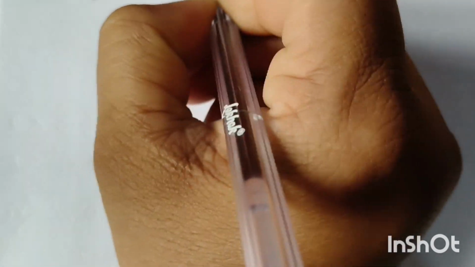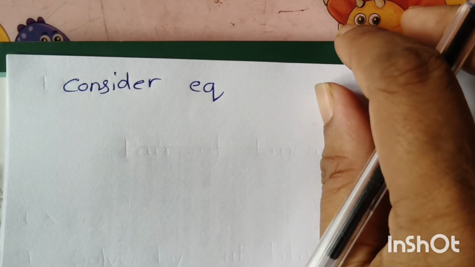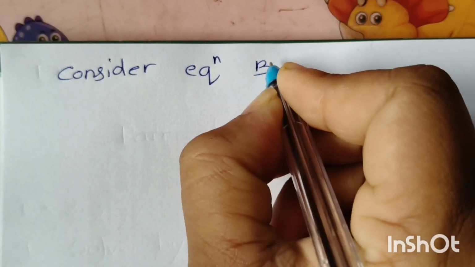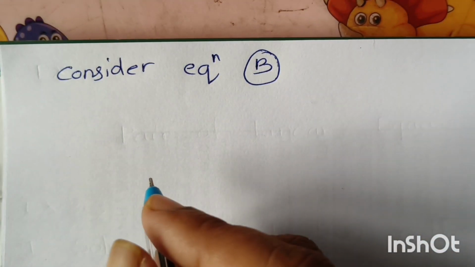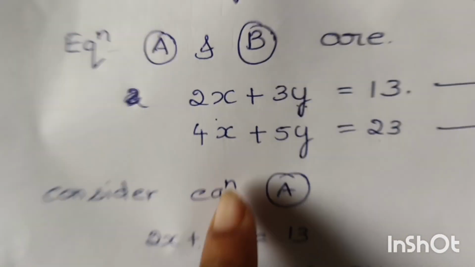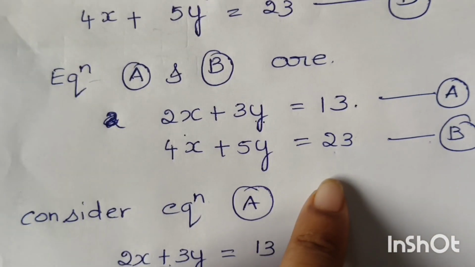Consider equation B, that is 4x plus 5y is equal to 23.